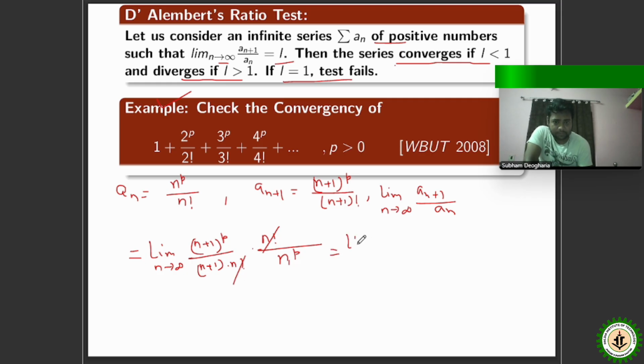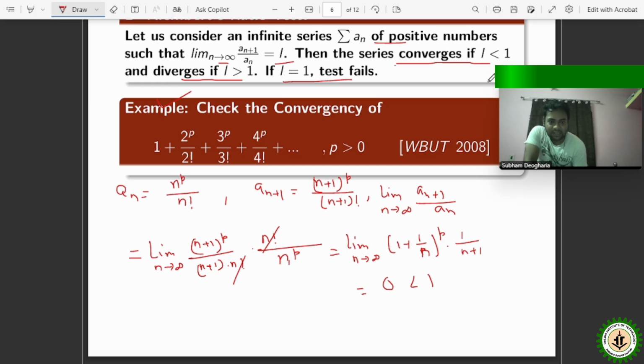This will give the limit as n tends to infinity of (1 plus 1 by n) to the power p into 1 by (n plus 1). This is actually 0, this is also actually 0. This will give 0, which is less than 1. L is actually less than 1.